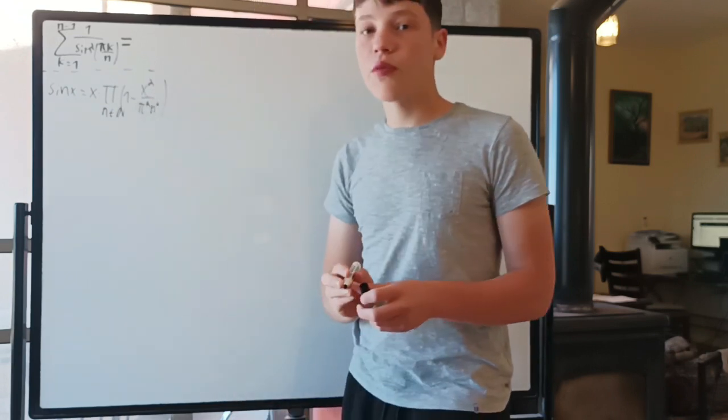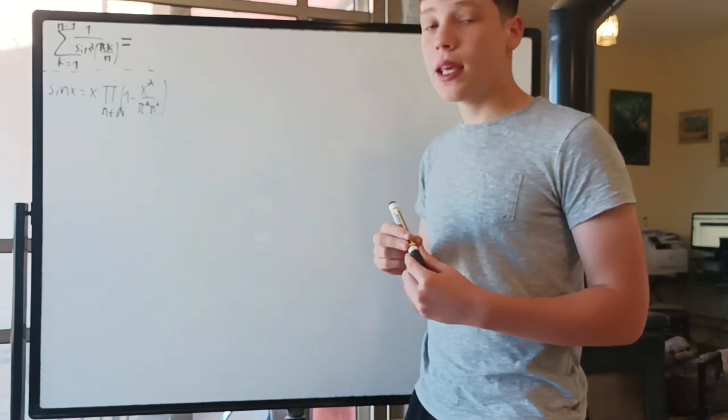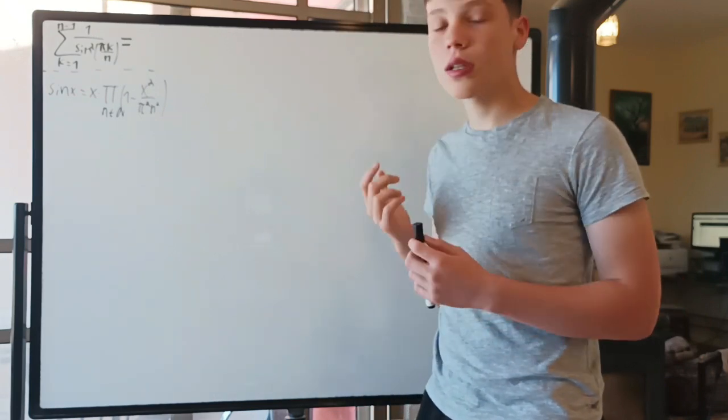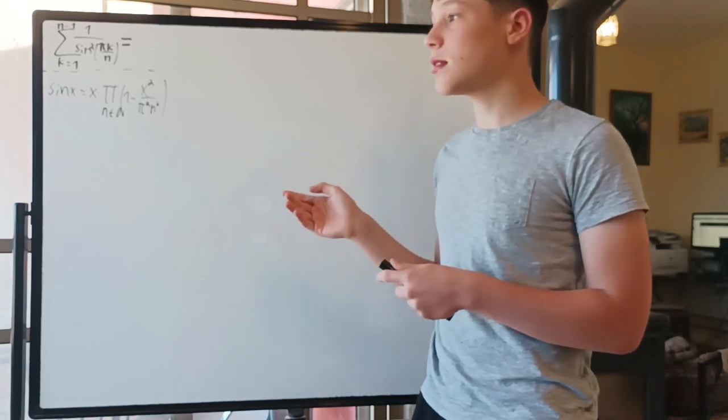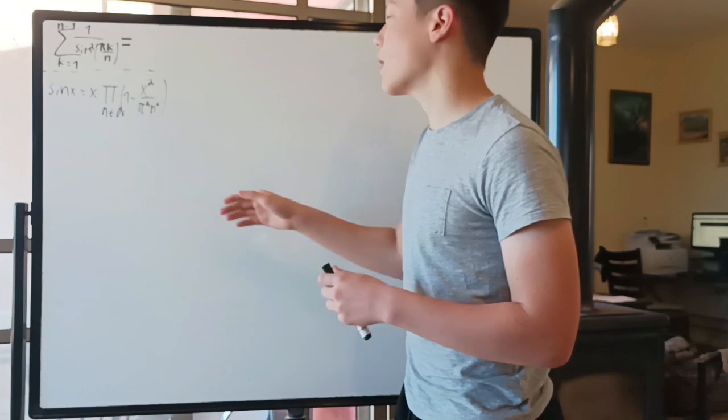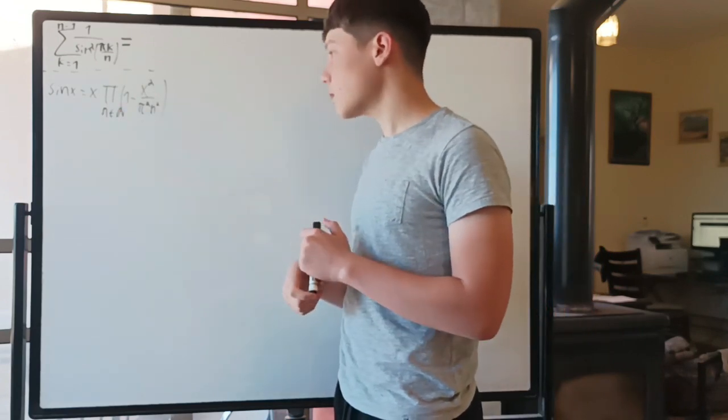And where that came from was trying to express sine x as a product of x minus its roots, and then times some constant, and then after plugging that in, we got this is true.